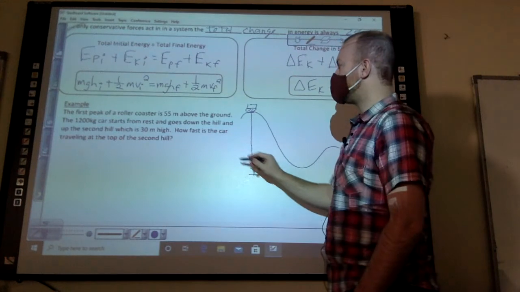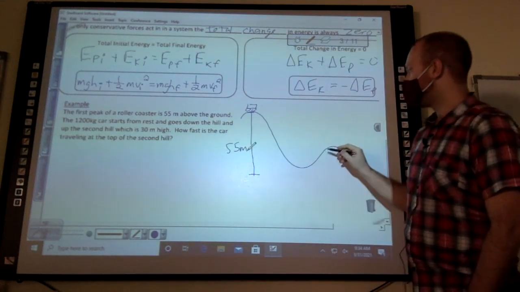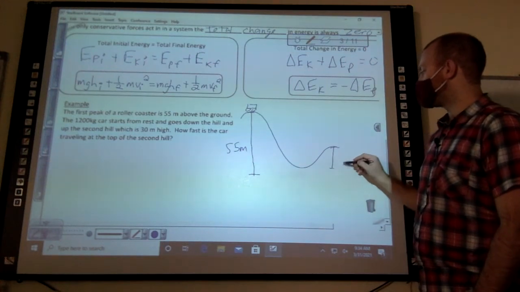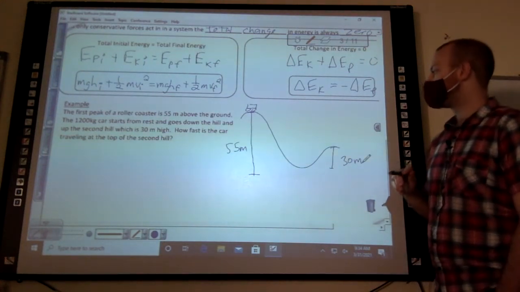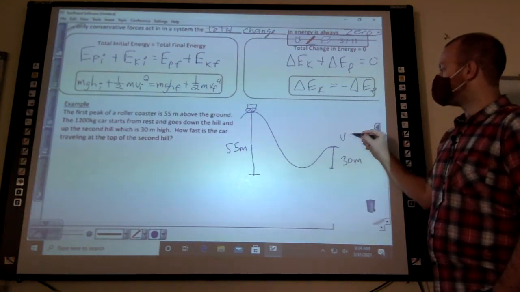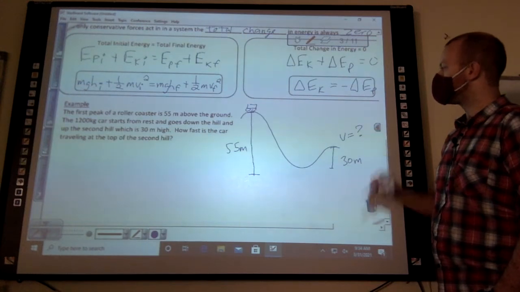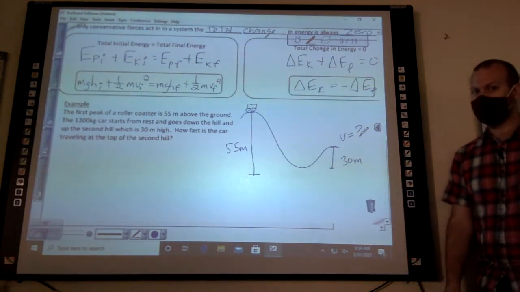We're told this is 55 meters above the ground. We know at the second hill, this is 30 meters. Not really drawn to scale. And I want to know, what is my speed over here? You're told the mass and the initial velocity.